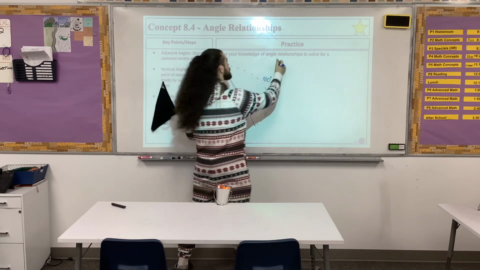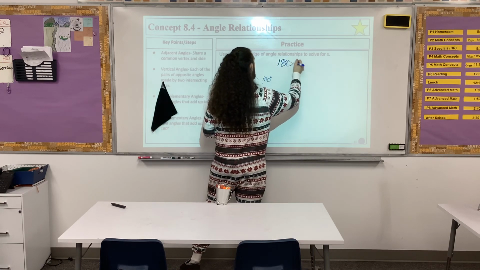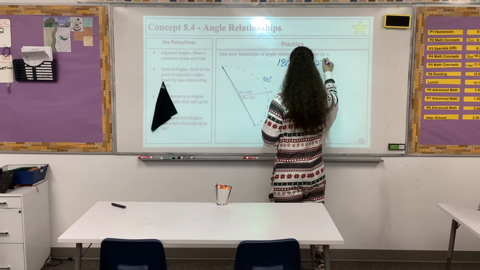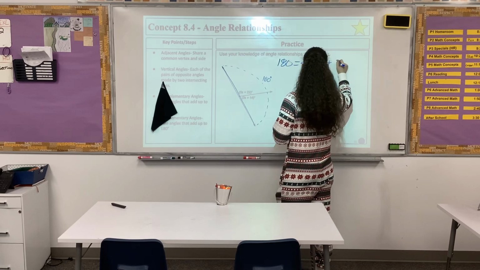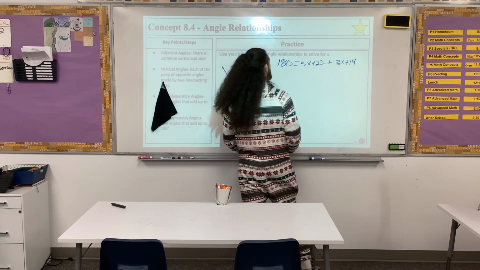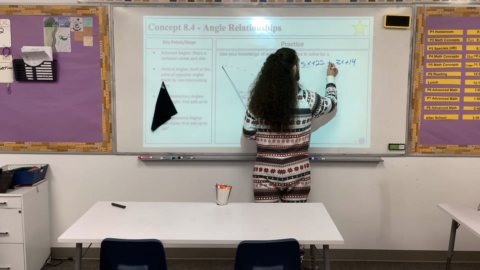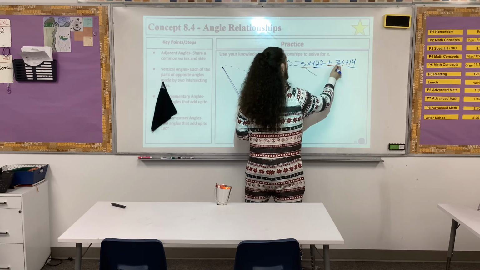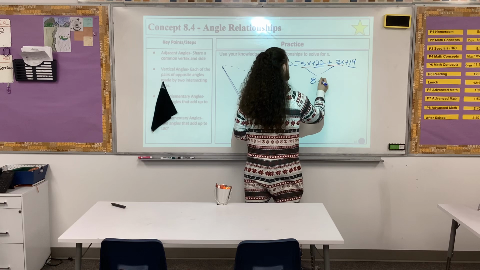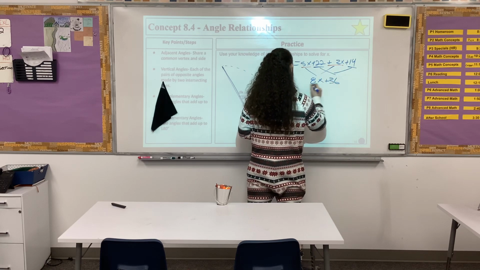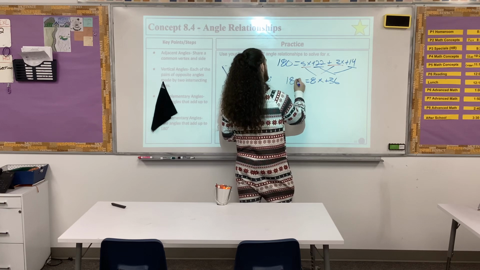So the total is 180, and that comes from the two angles, 5x plus 22 and plus 3x plus 14. Before I ever solve, I want to combine my like terms, my x variables and my constants. 5x plus 3x gives me 8x. 22 plus 14 gives me 36. That is equal to 180.